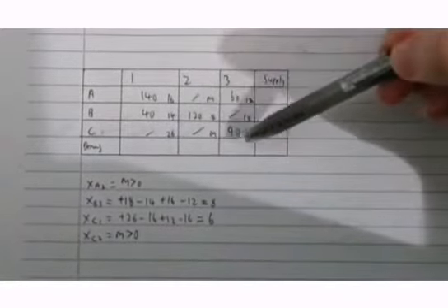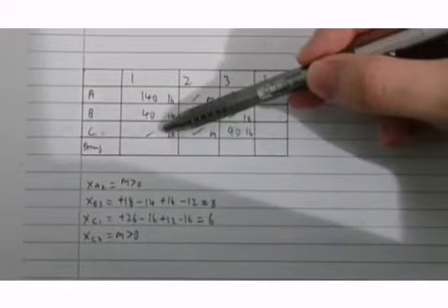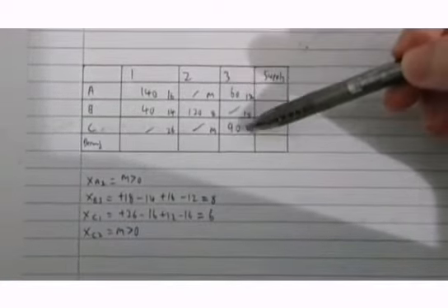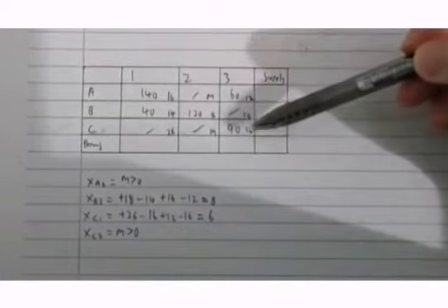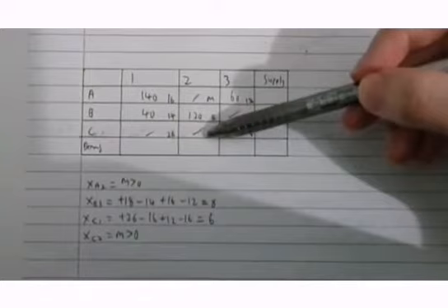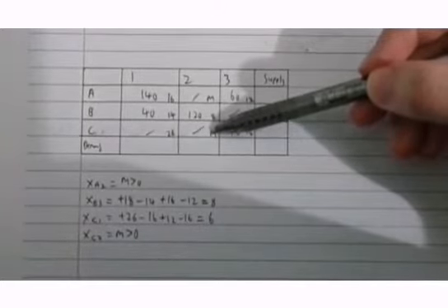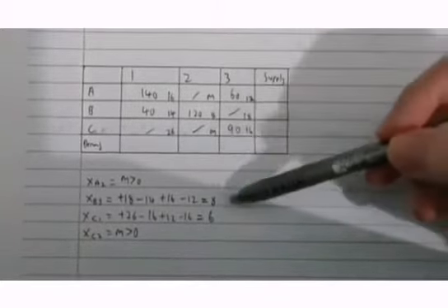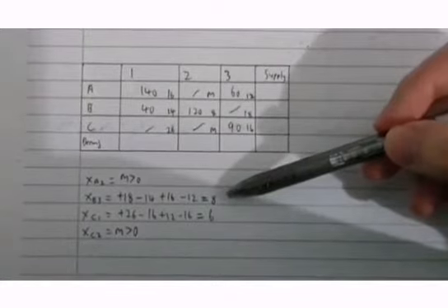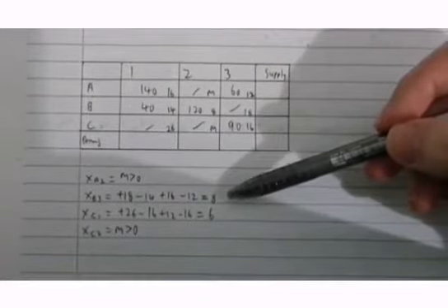And also for xc1, we plus 26 minus 16 plus 12, and also minus 16, and we get the answer 6. And also xc2 is M, so it's infinity. So here all are positive, so we can calculate the final answer.